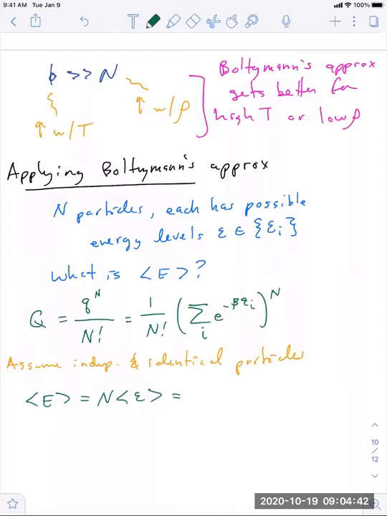So once again, the way we're typically bridging the gap between thermodynamics and statistical mechanics is to take the log of our partition function with respect to a conjugate variable. So for the canonical ensemble, that's usually the derivative of log Q with respect to beta. And our statement here tells us that we can just break this up into n times the derivative of the log of our single particle partition function with respect to beta.